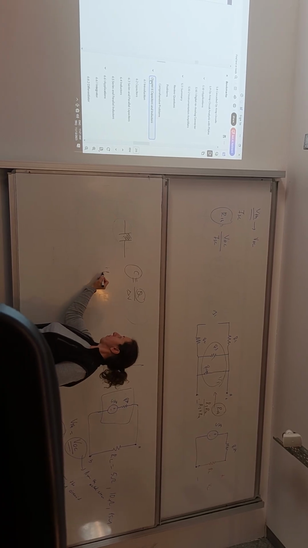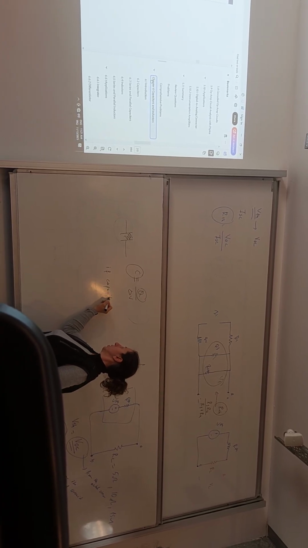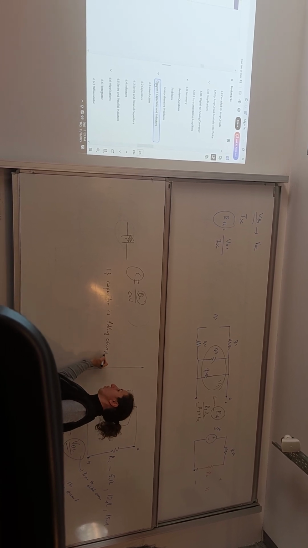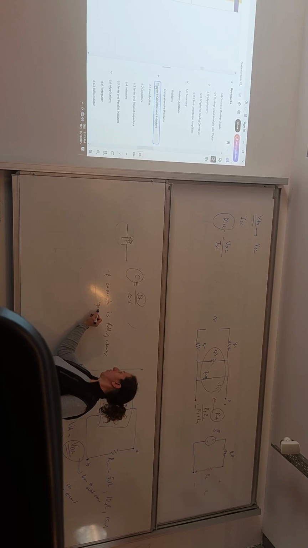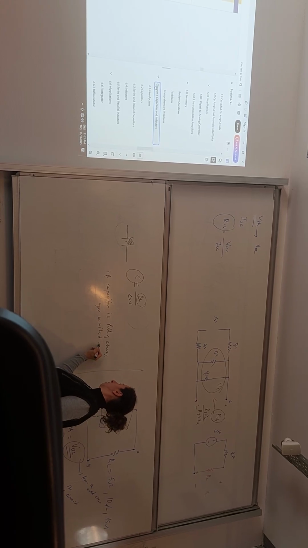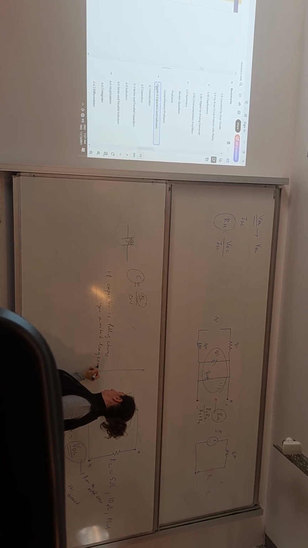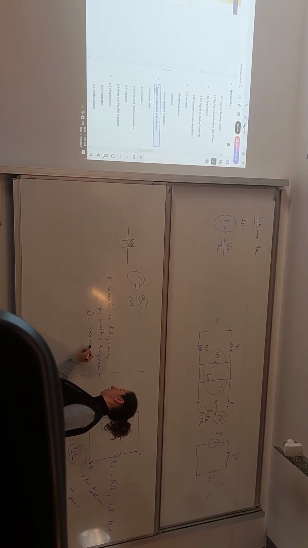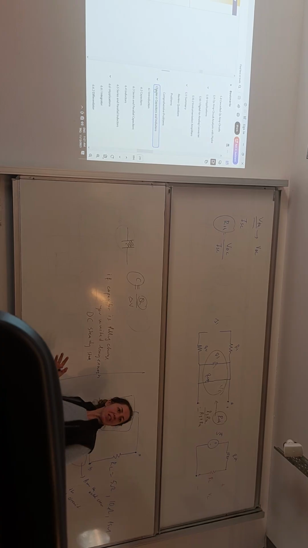So if the capacitor is fully charged, or you can say that you waited long enough, or that you reach DC steady state, all of them refer to the same thing.